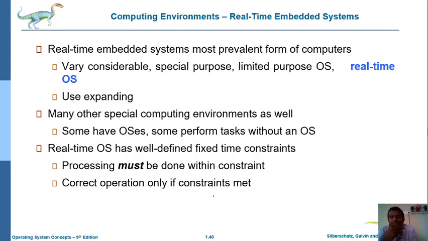Real-time embedded systems are especially used for a special or limited purpose, with a real-time OS. They include some number of operating systems or platforms, which can provide any type of service to any user.